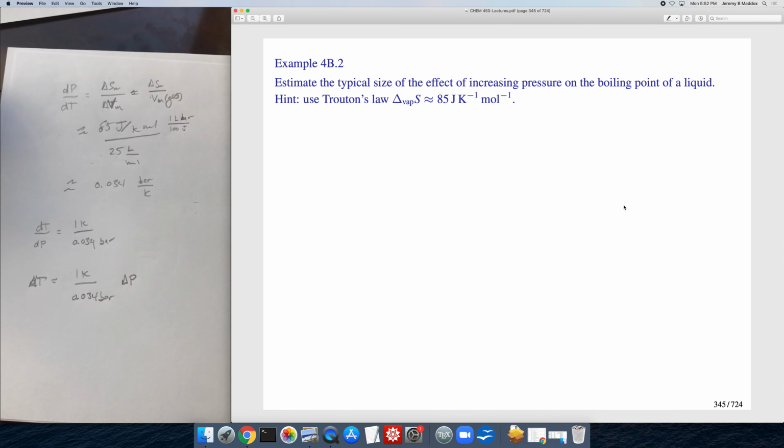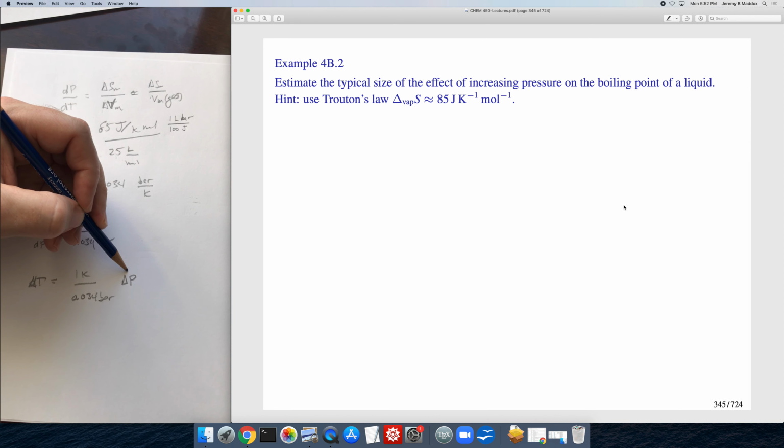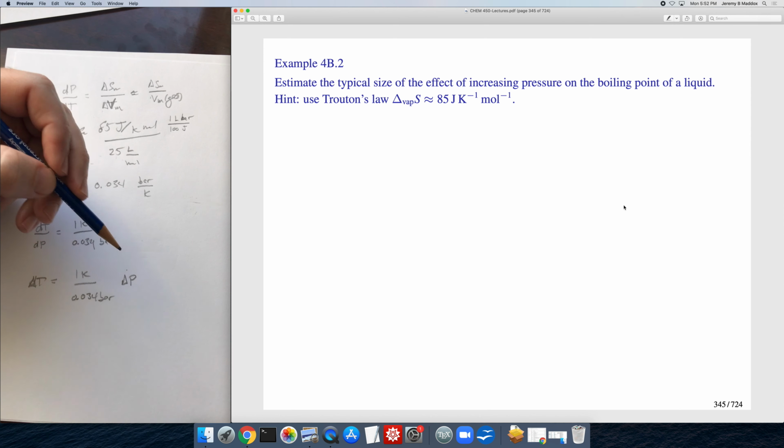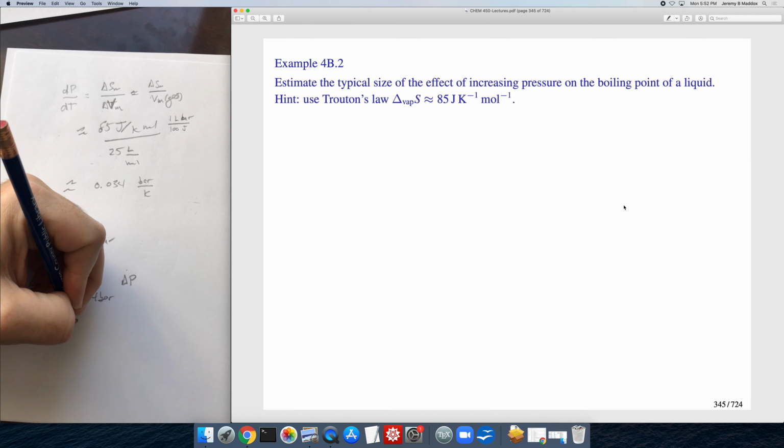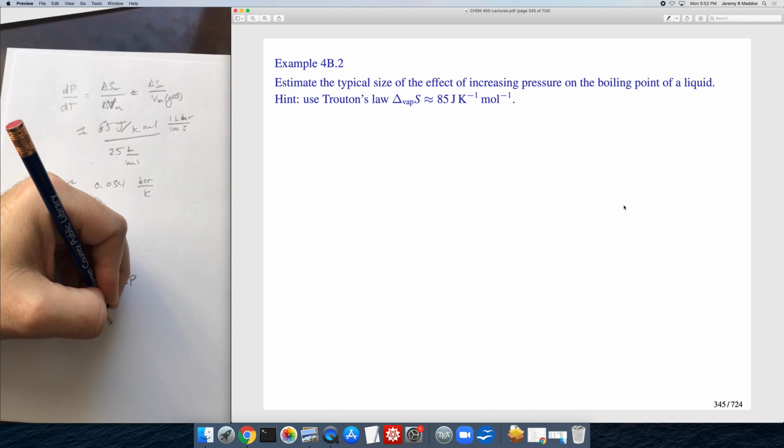So I don't know, let's suppose that that's just 1 bar, or not, let's make it 0.1 bars. So if delta P is 0.1 bars divided by 0.034, we would find that the boiling point would change by 2.9 Kelvin. Let me write it down, delta P equals 0.1 bars.